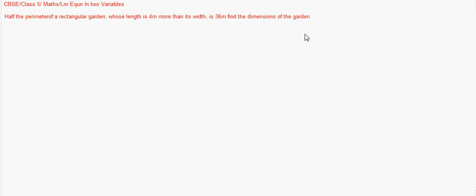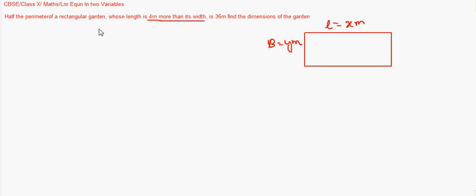Suppose this is a rectangular garden. I represent the length as x meters and breadth or width as y meters. Now let us see what it says. Length is 4 meters more than its width. So length, that is x, is 4 meters more than y. And half the perimeter of the rectangular garden is 36 meters.